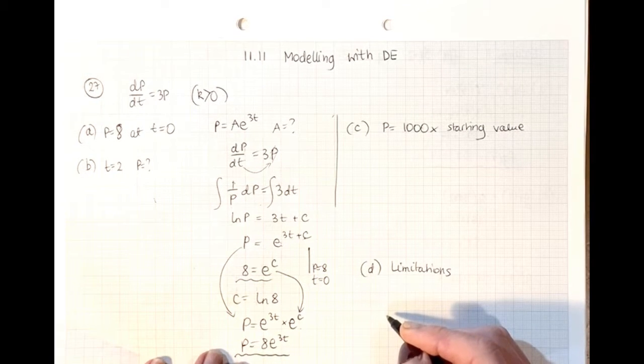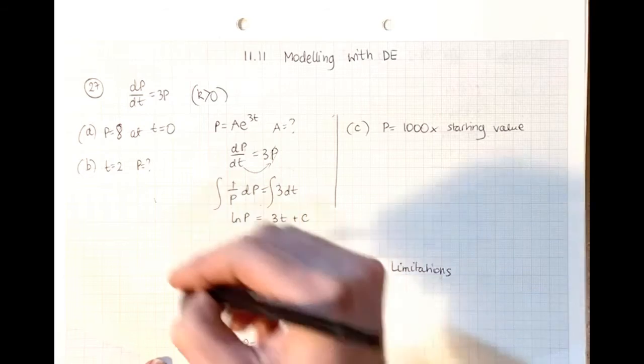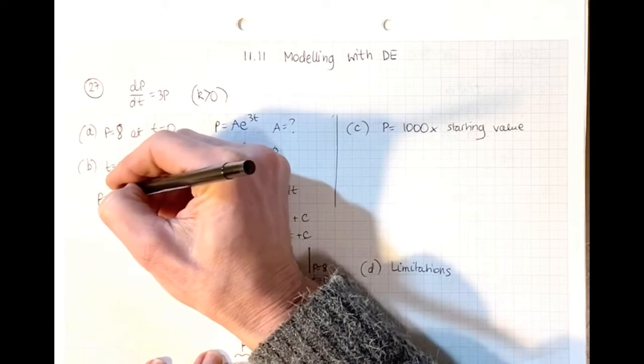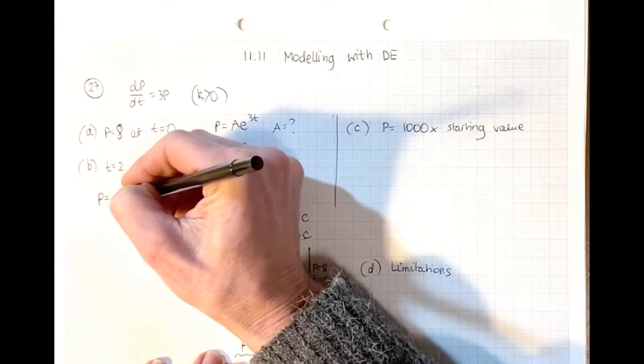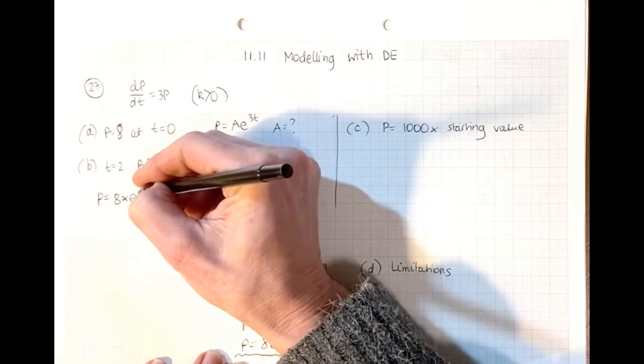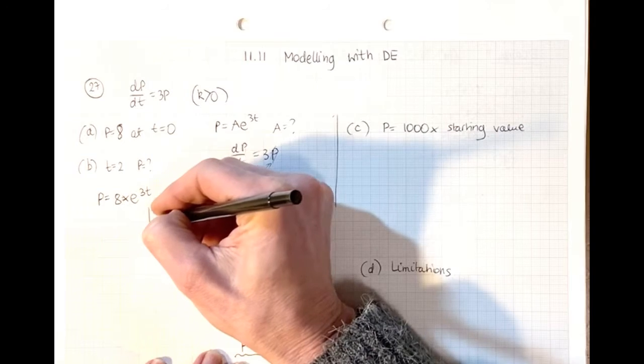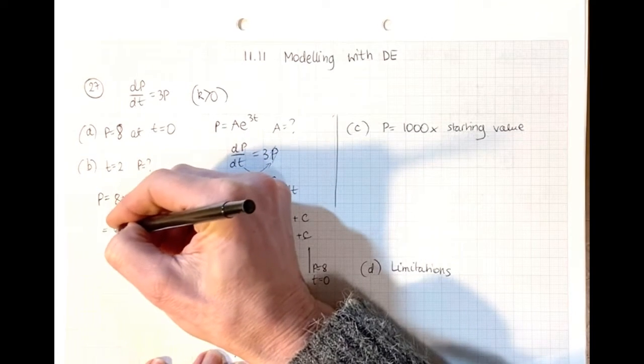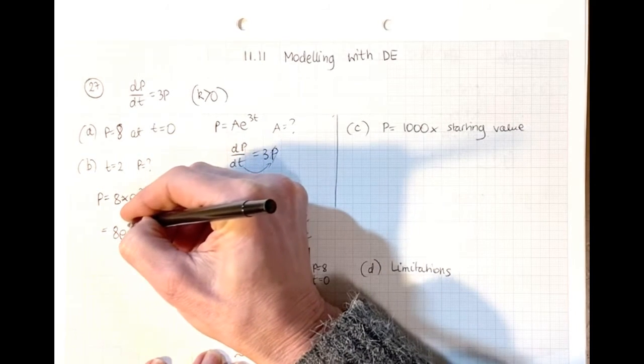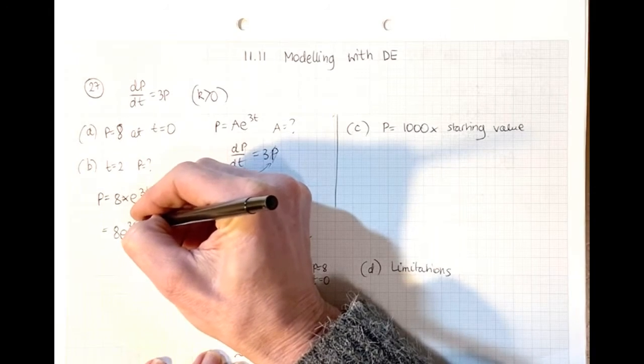Now for part B, we have to find, to the nearest 100, the size of the population at time t equals 2. So the formula we are going to use is P equals 8 times e to the power 3t. So at time t equals 2, population is 8e to the power 3 times 2.